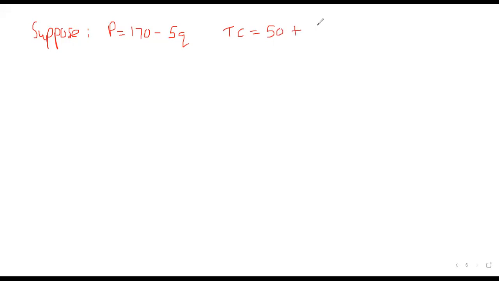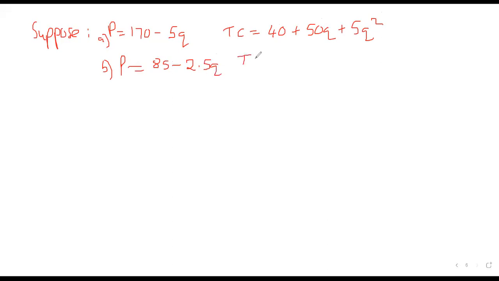Suppose you're given a function like this, 40 plus 50q plus 5q squared. That is your part A. Part B, you're going to try it on your own. Here we have 85 minus 2.5q.